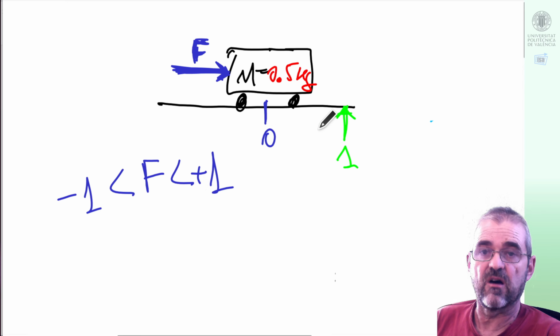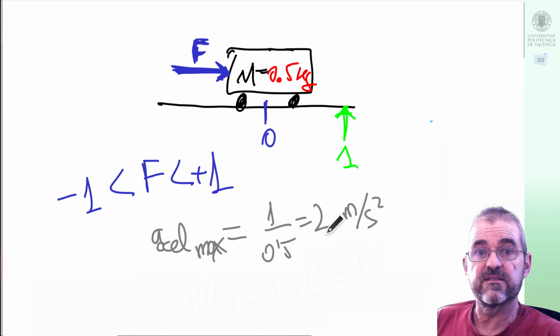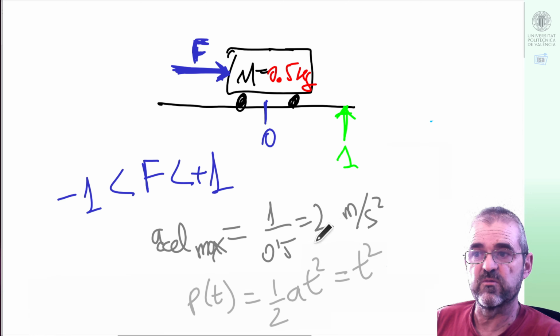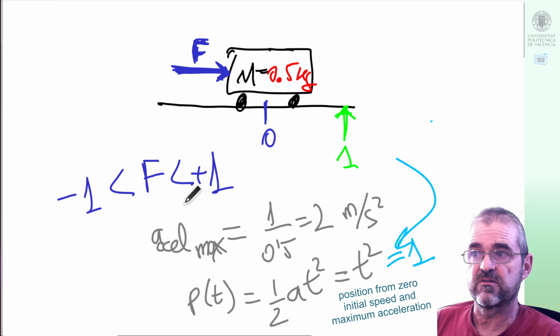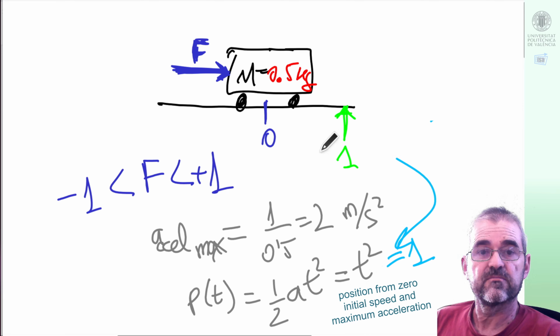So for a uniformly accelerated motion with 2 meters per second squared acceleration, this is the formula for the position. It gives exactly t squared. So if I solve for the time it takes to reach 1 meter, well, it takes 1 second. So at maximum acceleration, it will take 1 second to move from 0 to 1.